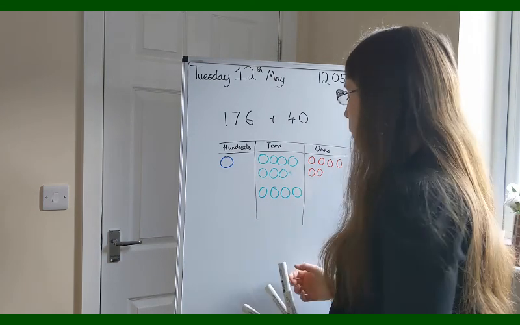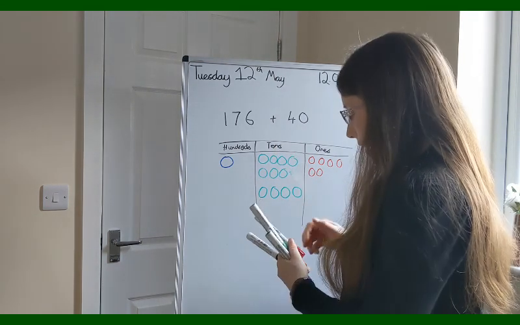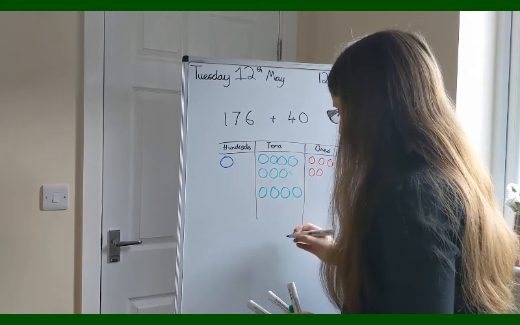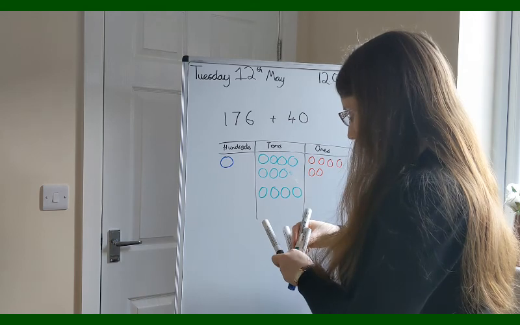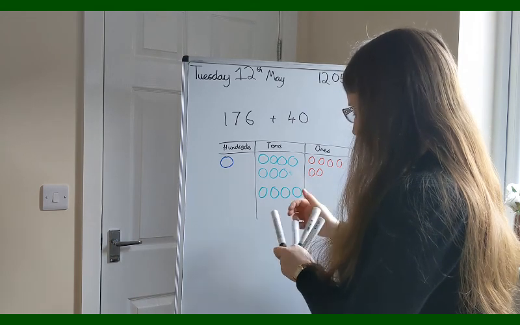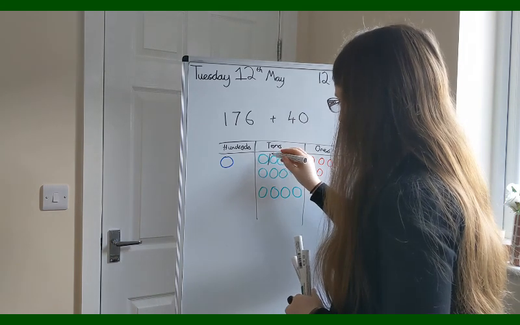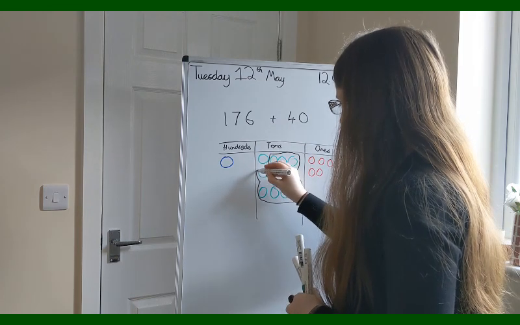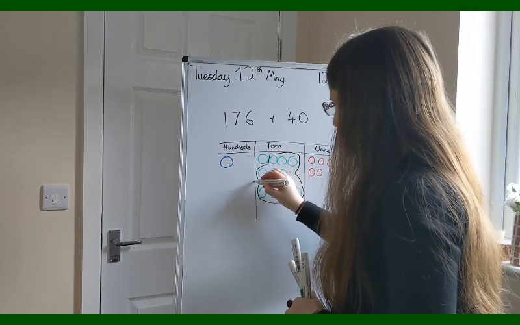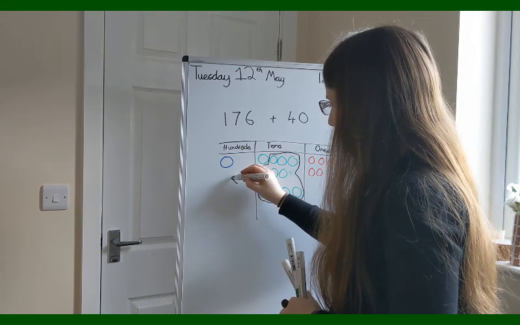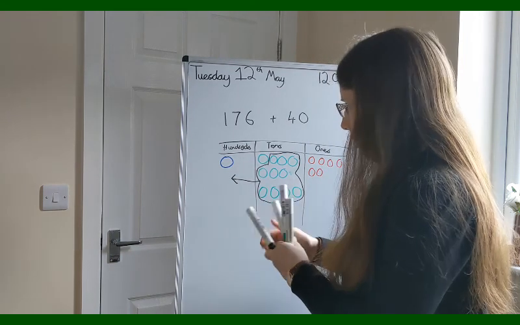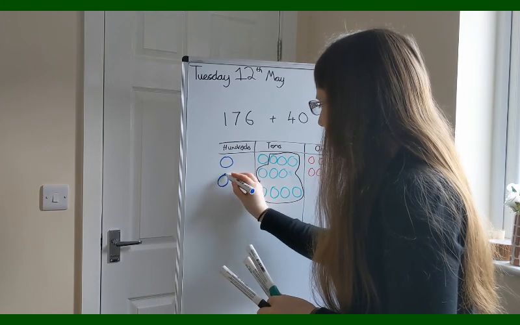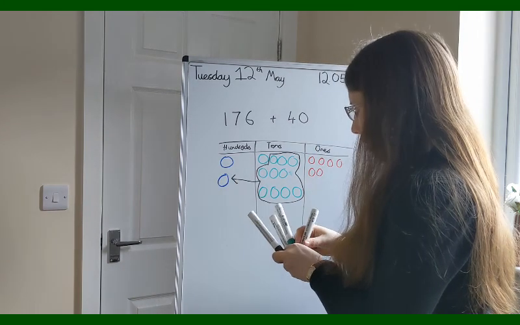So I'm going to swap 10 tens for 100. So these 10 tens are going to travel into my hundreds column. So I'm going to add on an extra 100.